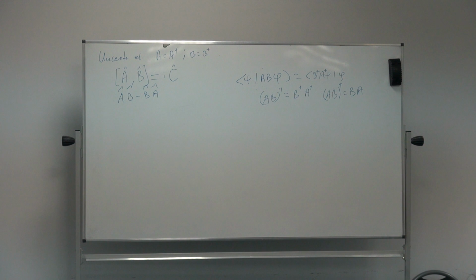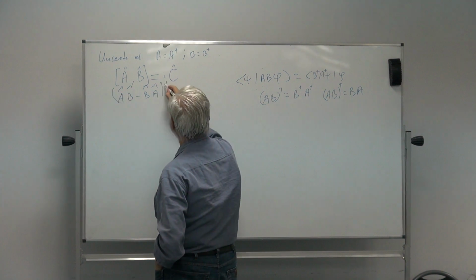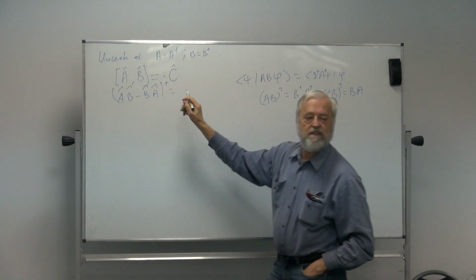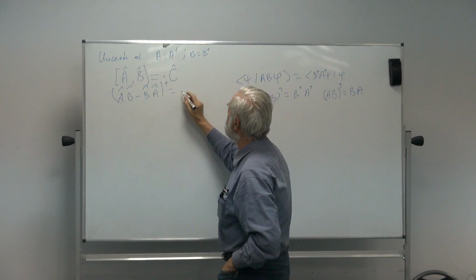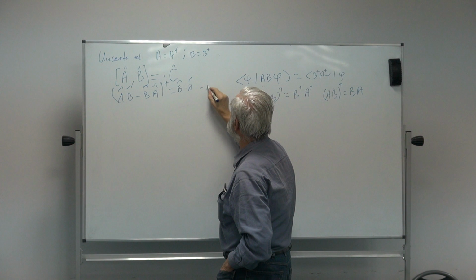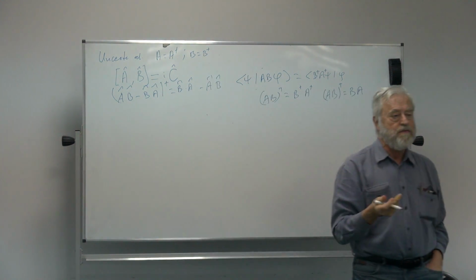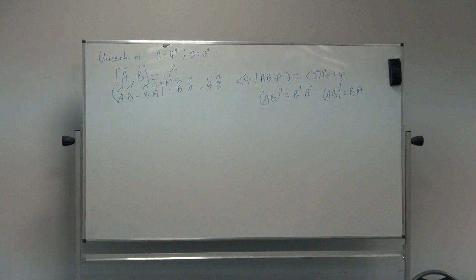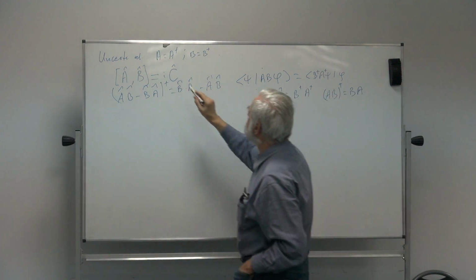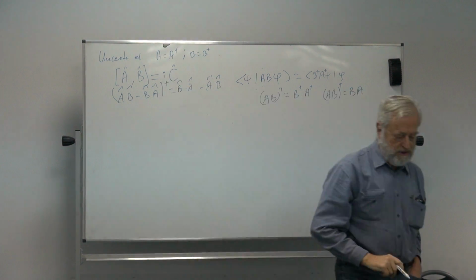It's Hermitian up to a sign. If I take the Hermitian conjugate of this, the first fellow will be B times A, and the second fellow will be A times B. So I'm getting minus the commutator, and therefore, if I put i here, then my C will be Hermitian.